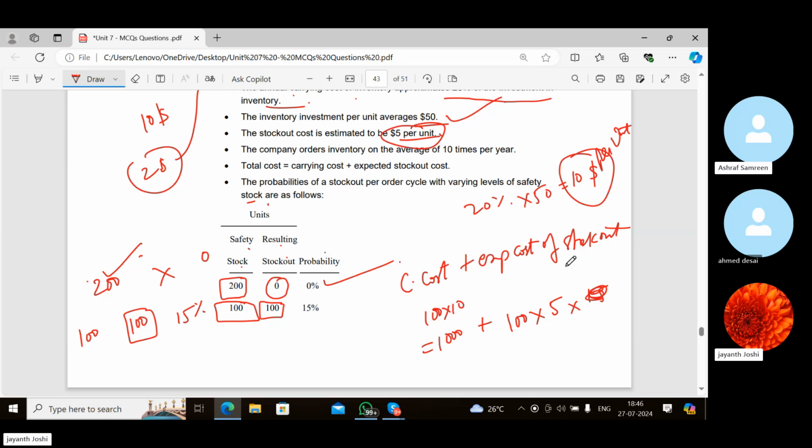Company orders inventory on an average of 10 times per year.